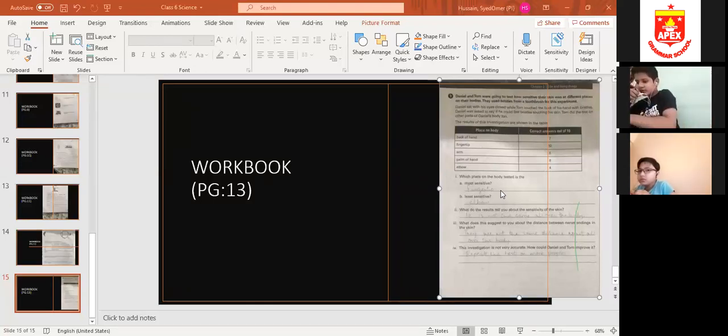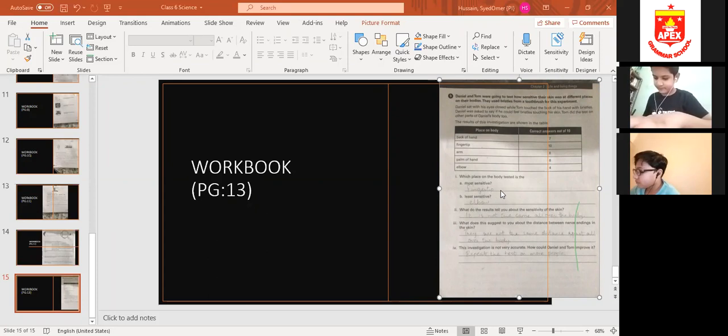The table shows how sensitive a part of the body is, and not every part of the body is equally sensitive compared to the other parts. So you need to write the answer: it is not the same all over the body.